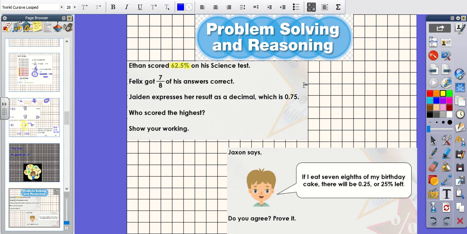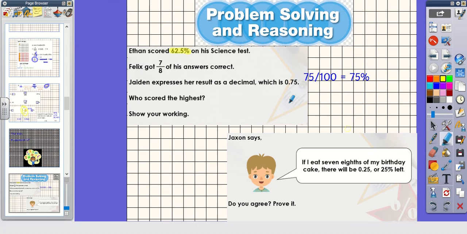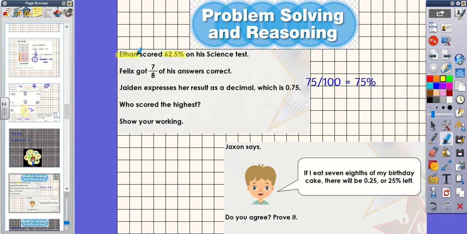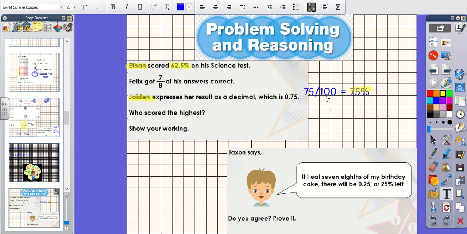Now, 0.75 as a fraction would be 75/100ths, which equals 75%. So straight away, we've worked out that Ethan has got 62.5% and Jaden has 75%. So let's have a look now at how we can get a percentage from Felix's score.